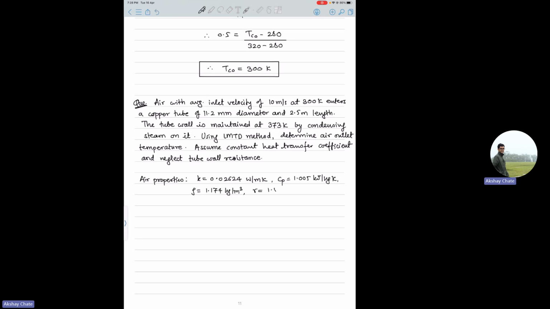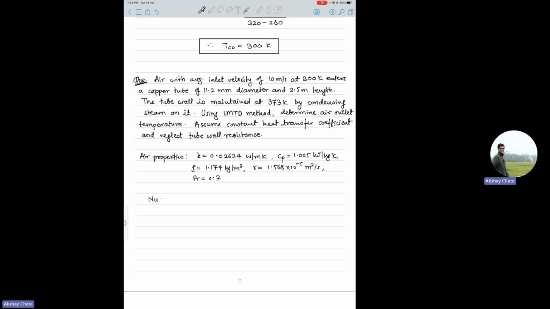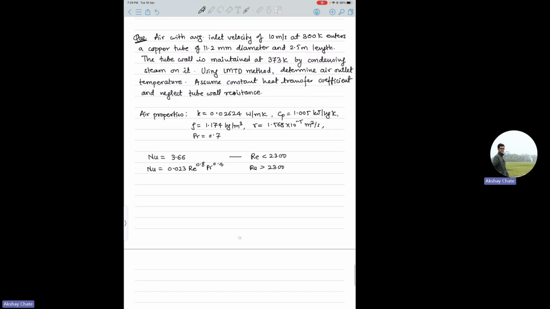Kinematic viscosity is also given, 1.568 times 10 to the power minus 5 meter square per second, and Prandtl number is given as 0.7. And additionally, two Nusselt number correlations are also given, 3.66 and Nusselt number 0.023 Re to the power 0.8, Pr to the power 0.4. This is for Reynolds number less than 2300, and this is given for turbulent flow. So this is all the data that is given.